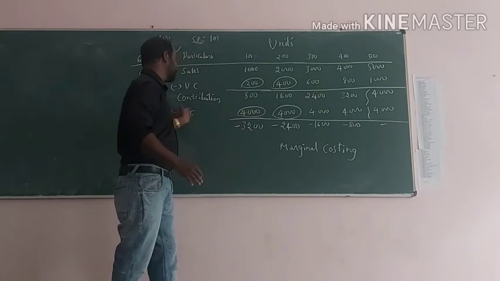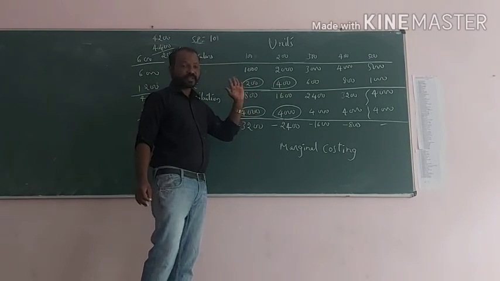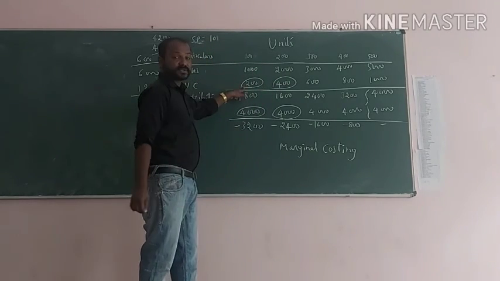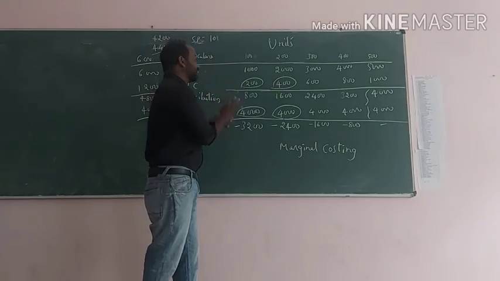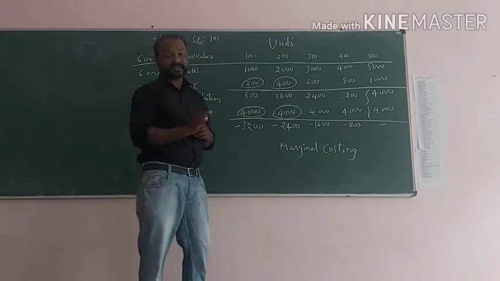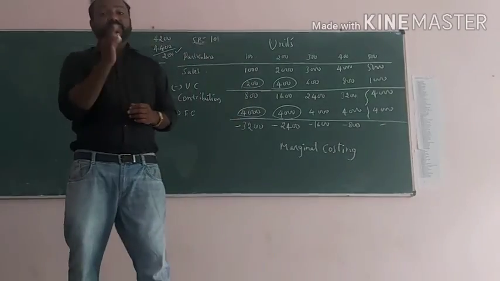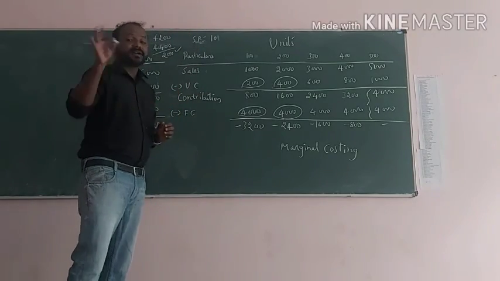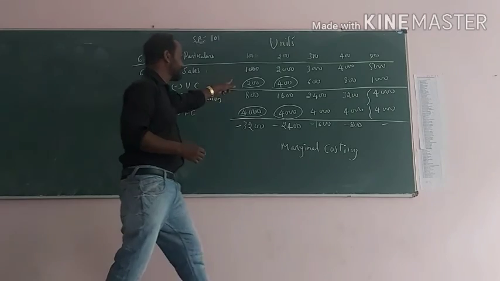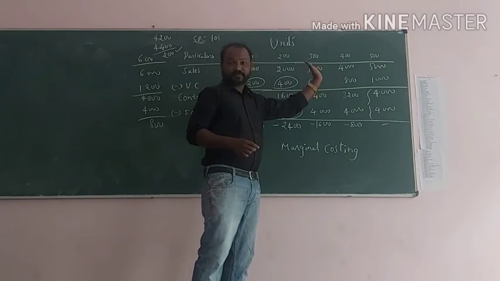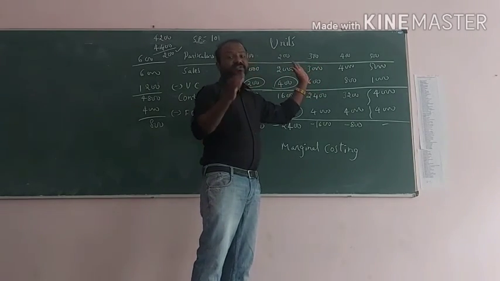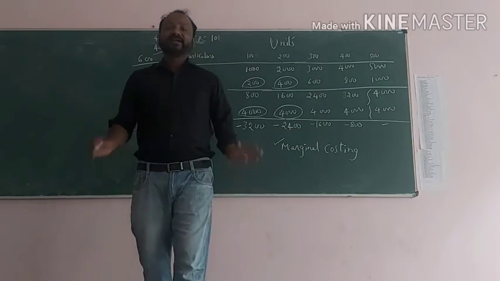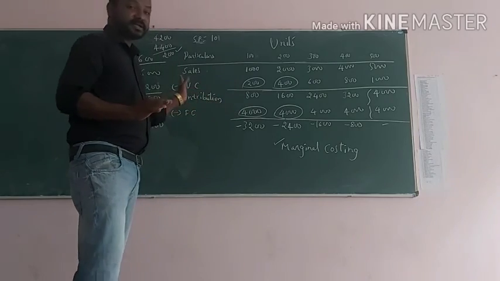Forget about the fixed cost, it remains the same. Here variation is taking place in variable cost, so we need to consider that. A costing method which considers this variation is called marginal costing. This is the meaning of marginal costing.